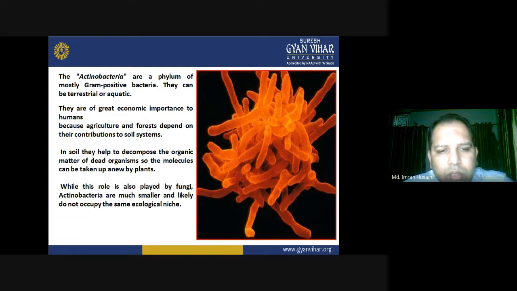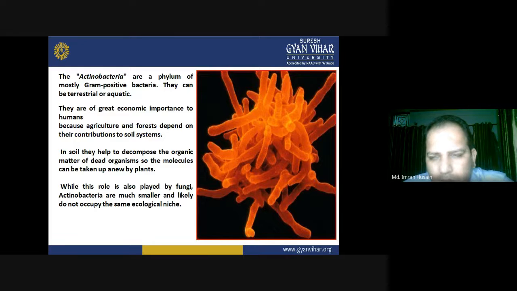While this role is also played by fungi, actinobacteria are much smaller and likely do not occupy the same ecological niche. The role played by fungi is much larger than the role played by actinobacteria.